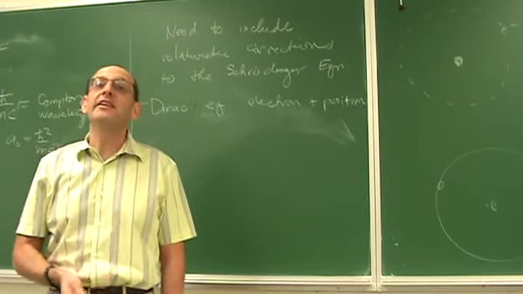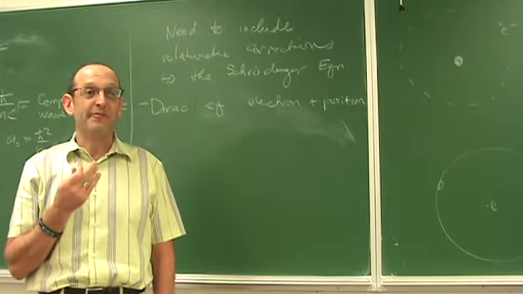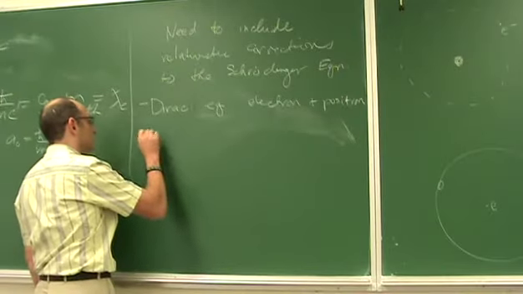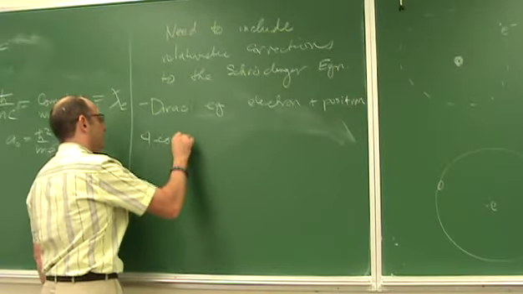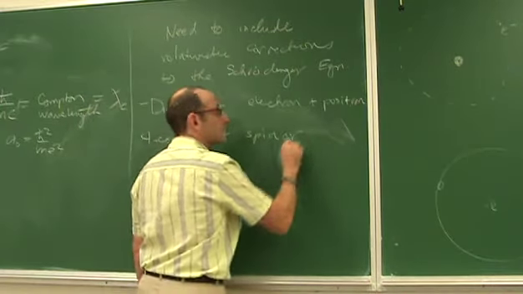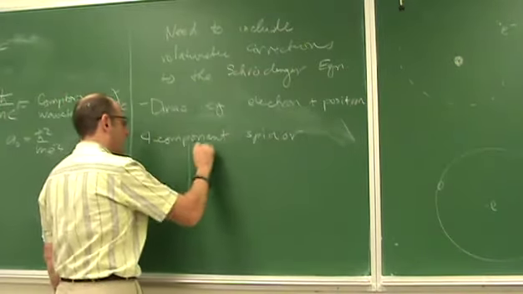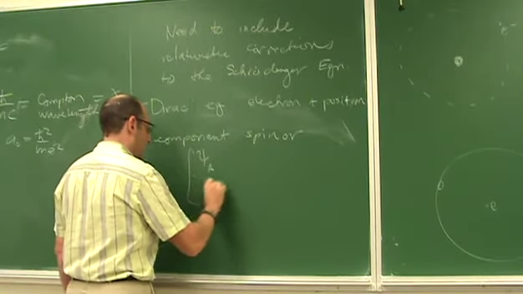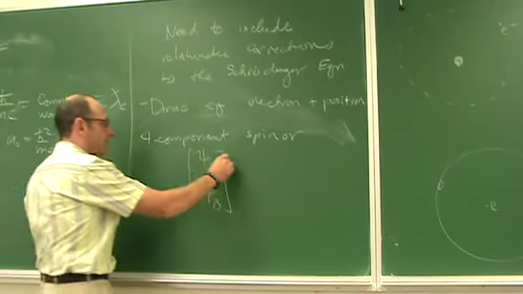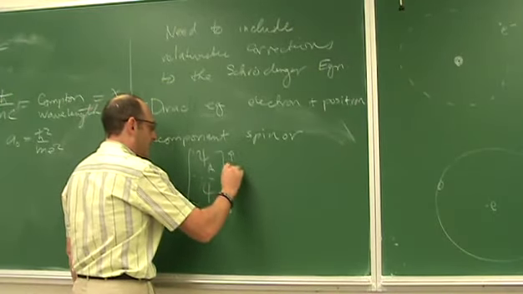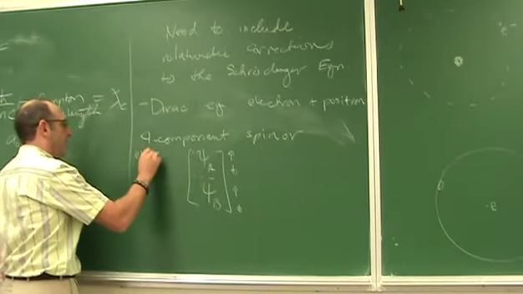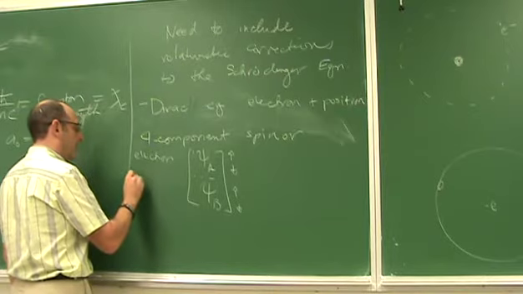But in the Dirac equation, we have not just a 2-spinor, but a 4-spinor, a 4-component spinor, which is sometimes written as psi A and psi B, where this is up and down, and this is an up and down part, having to do with the electron and the anti-electron.